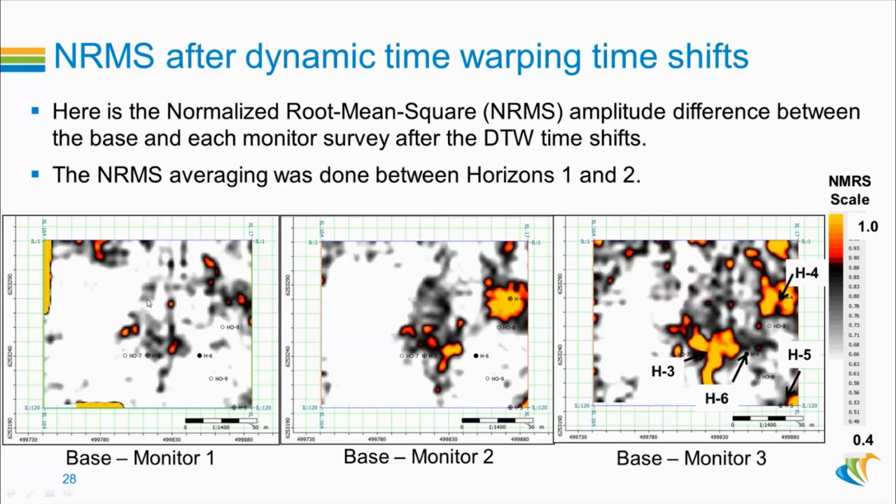Again, not much happening after the first injection period. After the second injection period, you're starting to see a lot of amplitude differences at H4, around H3, and then in the last survey, we're seeing a lot of activity around, or coming close to, the H6 well.